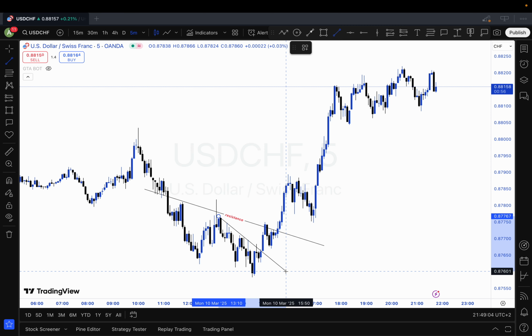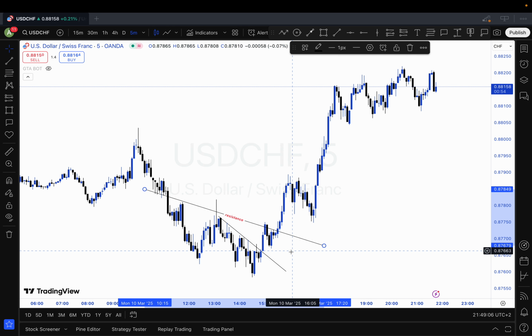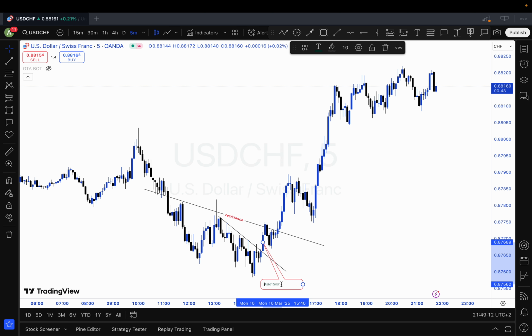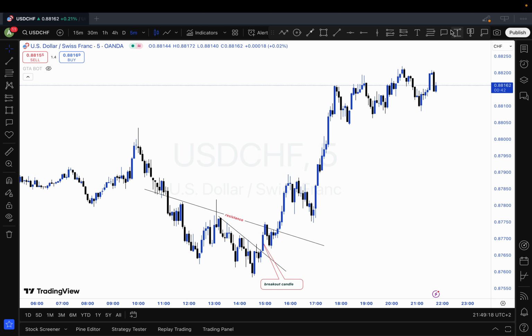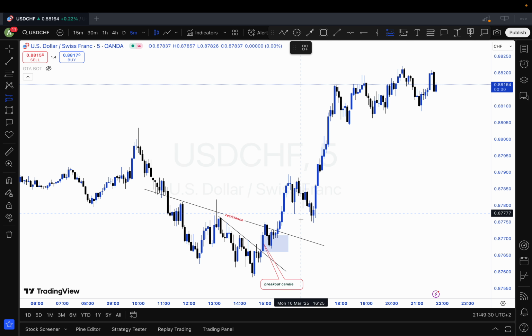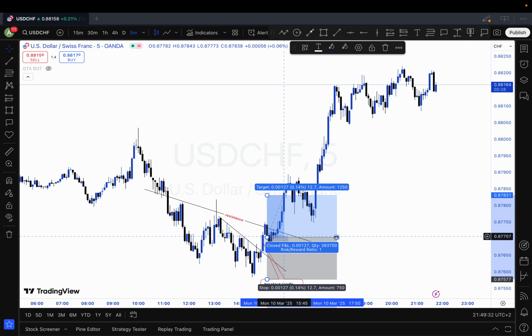We firstly had one breakout right over here, which is our first breakout candle. And then we have this thing again over here, a breakout and a retest, right? And then there is a buy.